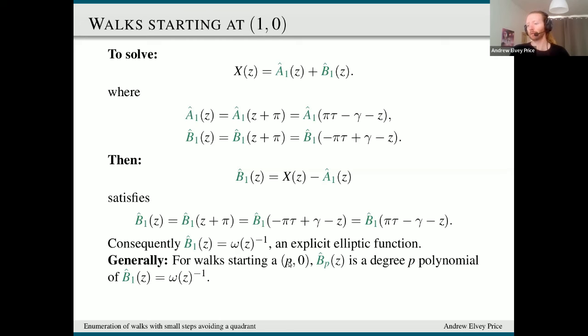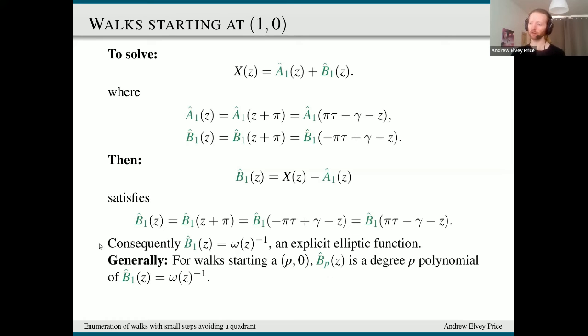Okay, and we can do the same thing if we start at a point (p, 0). In that case, we'd get x of z to the p here, but still we get that B_p is an elliptic function. In fact, it will be a degree p polynomial of B1.